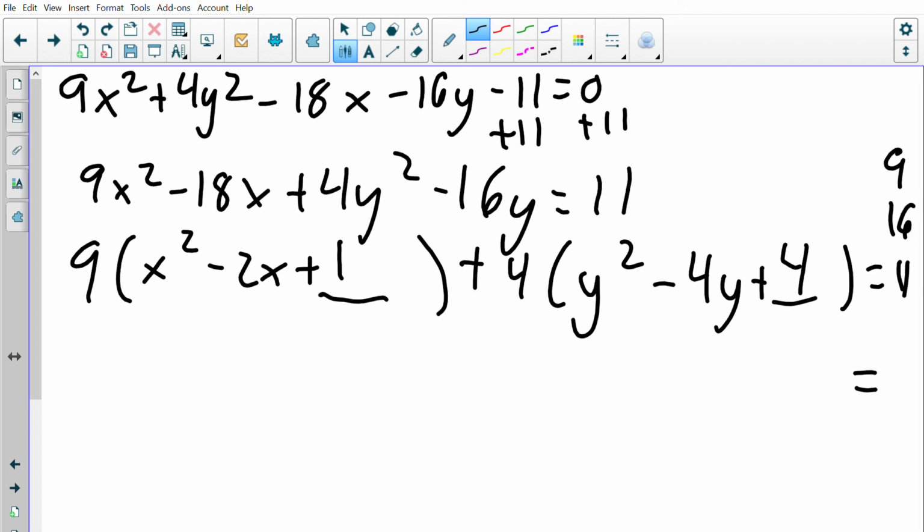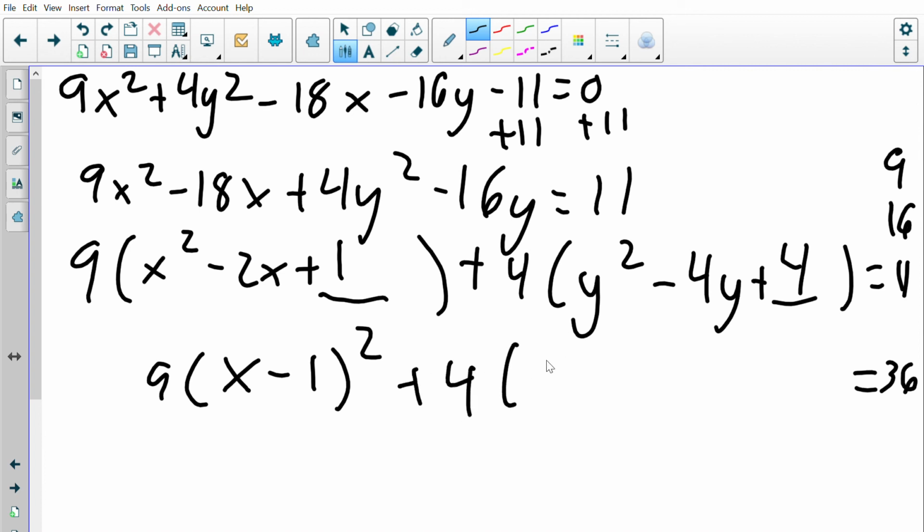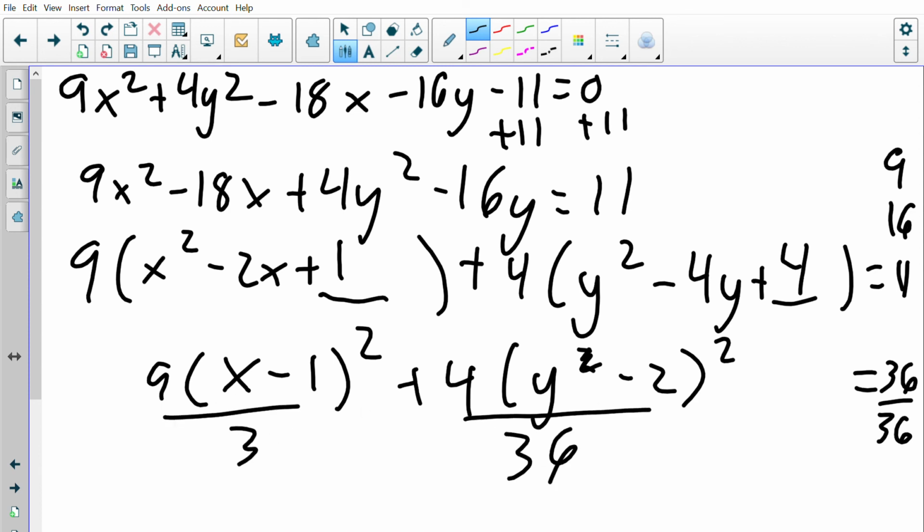And I get 36. The next thing I'm going to do is I am going to factor this to x minus 1 squared. Because -1 times -1 gets me to 1, but -1 plus -1 gets me to -2. I'm going to do the same thing over here. And it's going to be y plus 2 squared. Why this is useful is I can divide by 36 to get this to 1, because that's what we wanted in the first place.